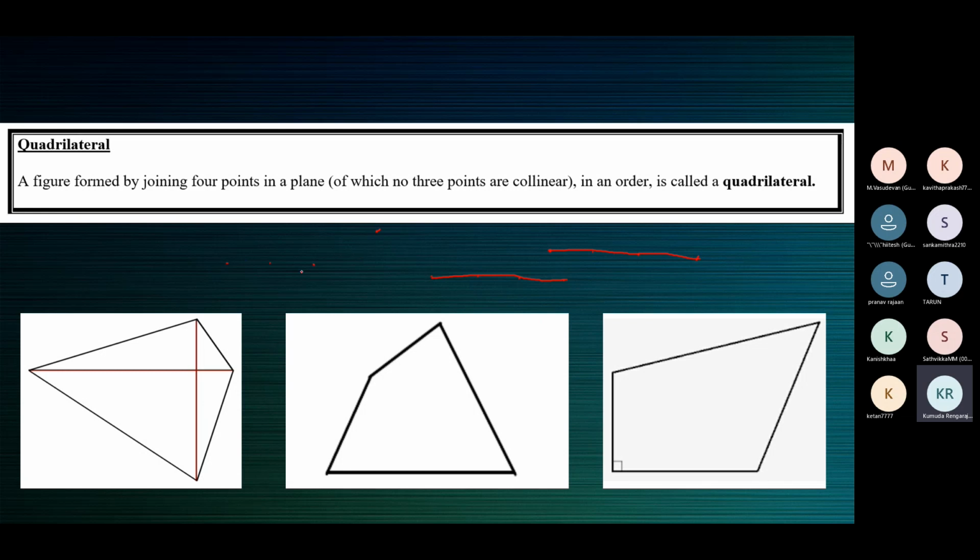In the first case, all the 4 points were collinear. 4 points are sufficient to define a quadrilateral on a plane surface. We need exactly 4 points. But when the 4 points are collinear, no quadrilateral is formed. When you join the 4 points, you only get a line segment.